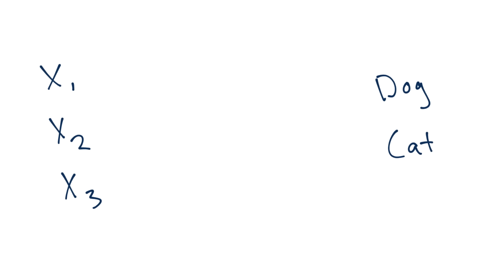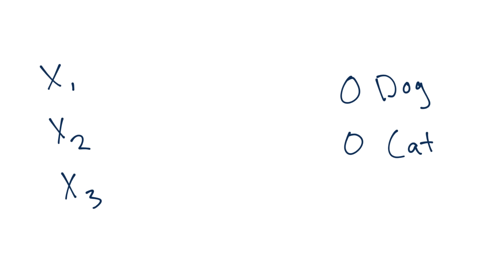Well, you've got some inputs, so let's say x1, x2, x3, and you're just trying to map those inputs to some sort of output. Let's say that output is determining whether something is a dog or a cat. So the output is going to be 2 neurons in this case.